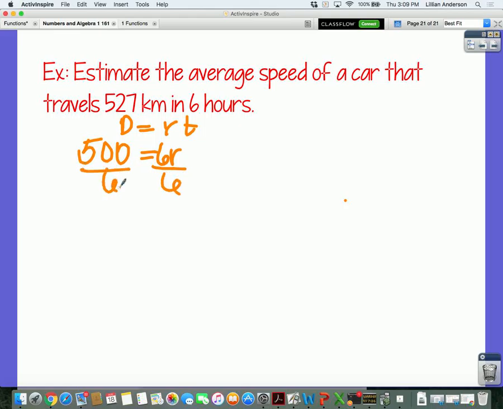Okay, 500 divided by 6 is 83.3. So you're basically looking at flying at 83.3 miles per hour, about, to make sure you can make it there in time. Huh? No stoplight, straight highway, no traffic or construction.